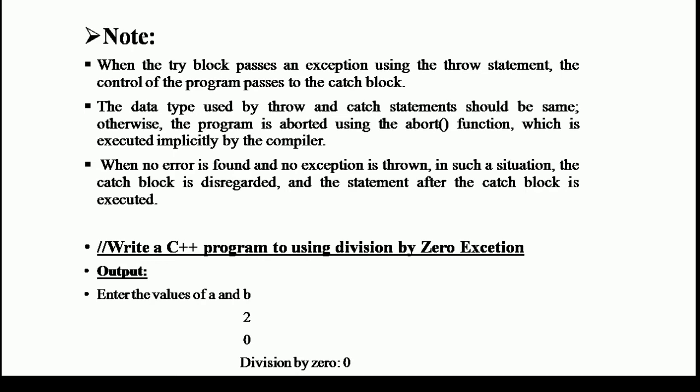This is the try and the catch statement. What is the syntax of the catch statement? Try, curly braces start, statement 1, statement 2, and curly braces closed. Now the catch with an argument. Curly braces, statement 3 with a semicolon, that is the action to be taken. When an exception is found, the catch block is executed. The catch statement contains an argument of exception type, and it's optional.